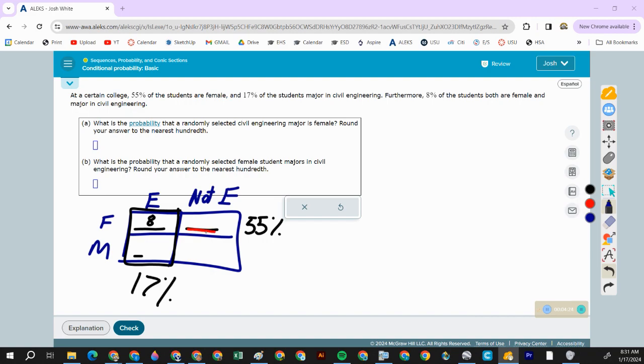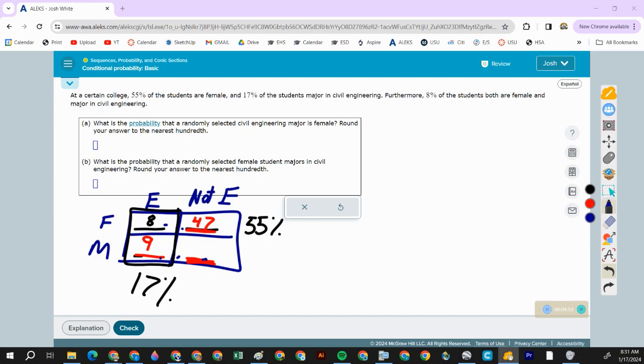So how am I going to figure out this box? 55 minus 8, which is going to be 47. And this one is going to be 17 minus 8, which is 9. And if we needed to, we could figure out the remainder because all of these have to add up to 100%, right? So if I needed to, I could figure out that box. Let's see if we need to or not.